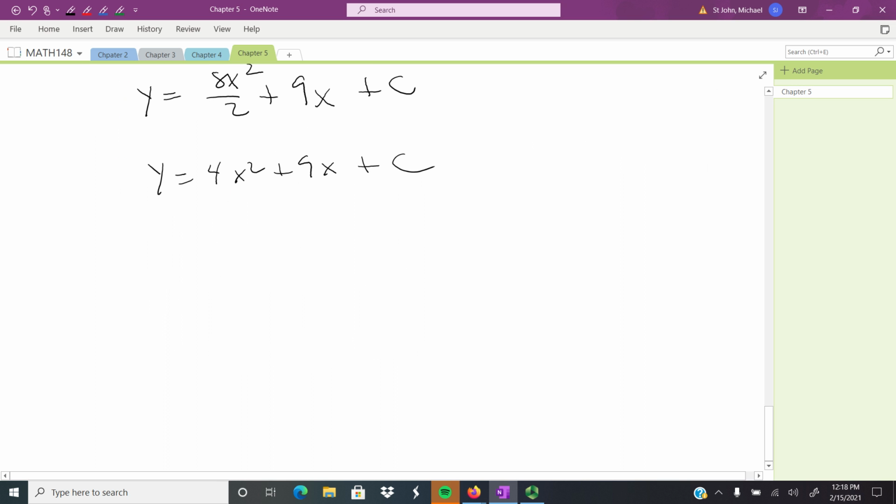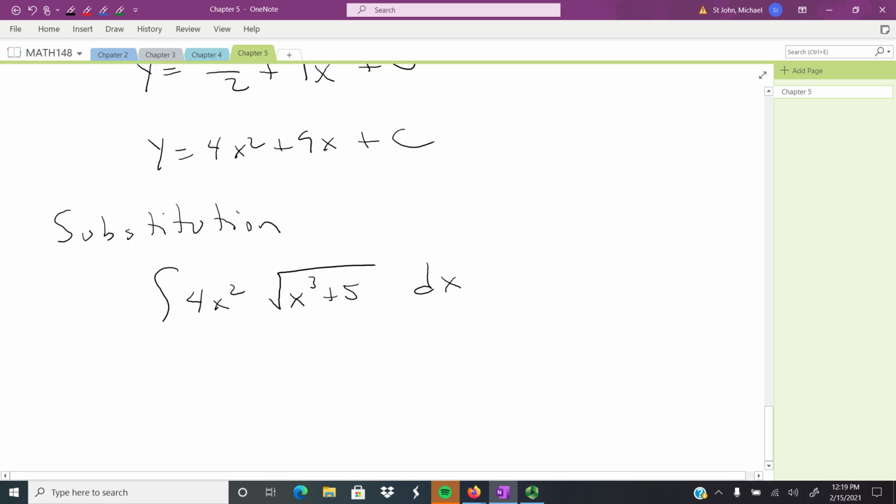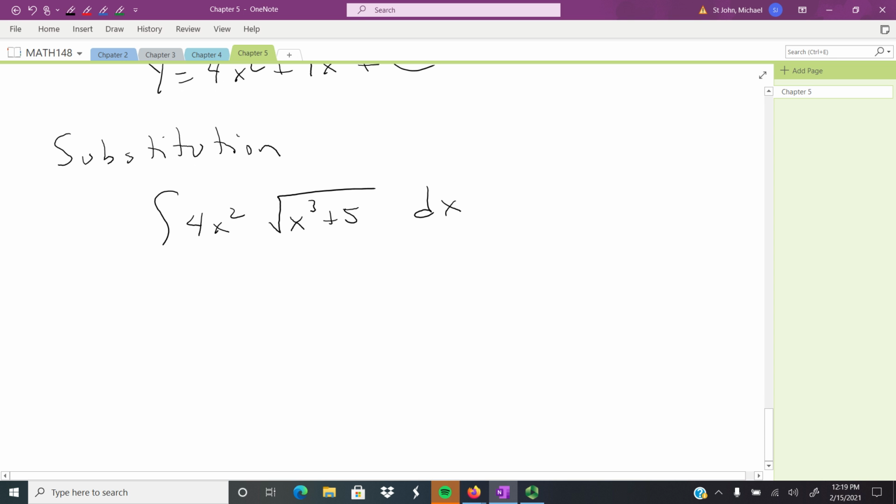So some of the methods they talk about then here is one of the methods is substitution for doing integration. So given something like this, 4x squared times the square root of x cubed plus 5, well, the first thing you want to do is rewrite it without that radical.